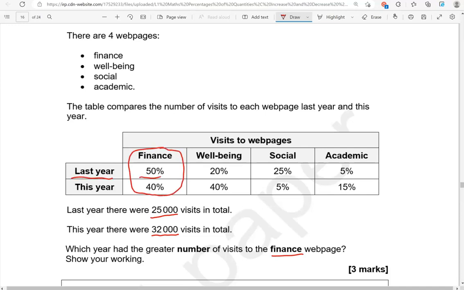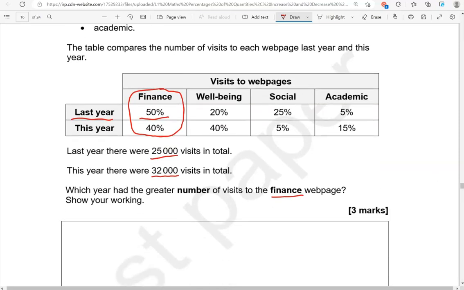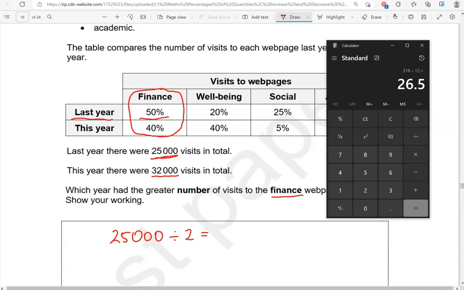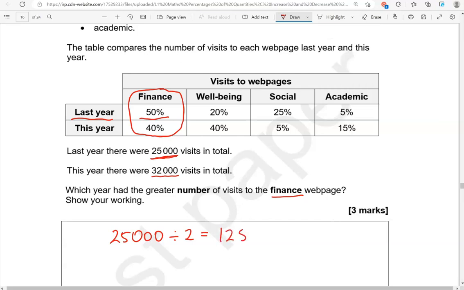Last year, 50% of 25,000. So 50% of 25,000 we work out by doing 25,000 divided by 2. That gives us 12,500.